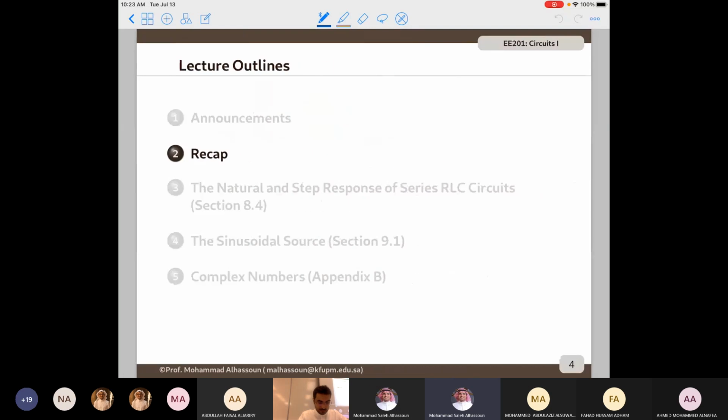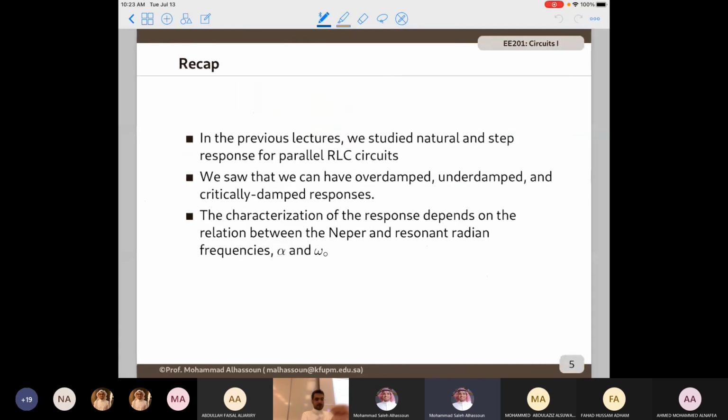Okay, so let me just go over what we did so far in this chapter. We started talking about natural and step response for parallel RLC circuits. Remember, we stated that we want to consider the circuit where you have a resistor, capacitor, and inductor.